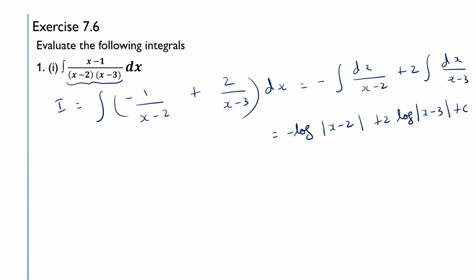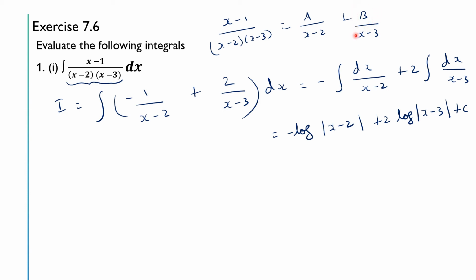So here we took (x minus 1) upon (x minus 2)(x minus 3) as A by (x minus 2) plus B by (x minus 3). Here we have to solve for A and B, and finding the values of A and B was time consuming.